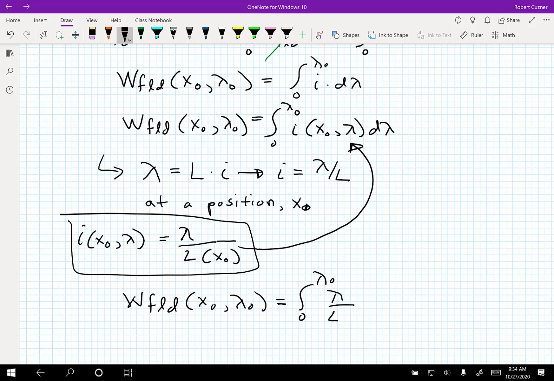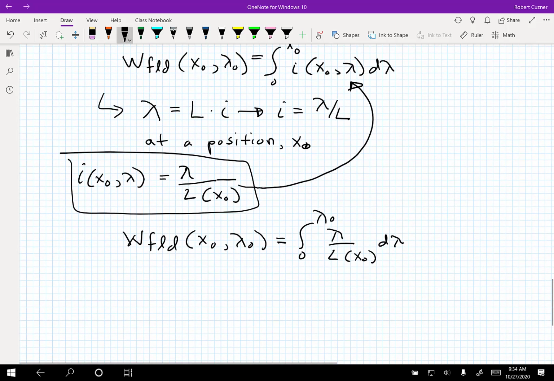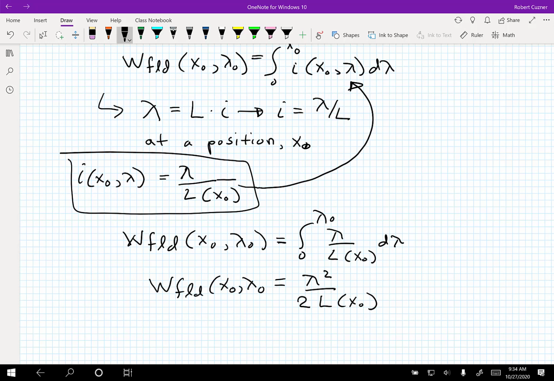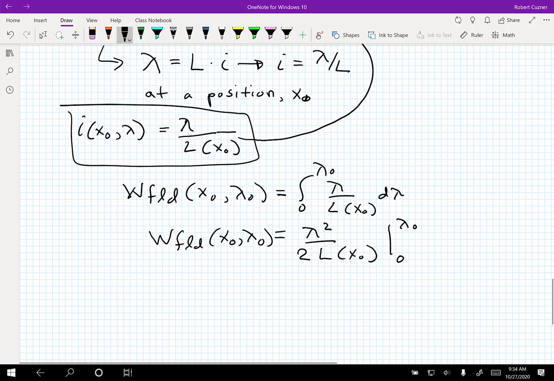Lambda over L x0 d lambda. And the integral of this is lambda squared over 2 L x0, evaluated at 0 and lambda 0.